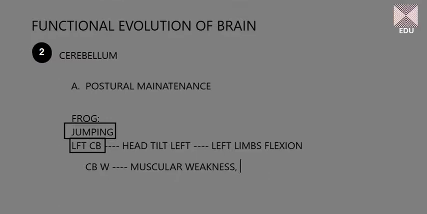And one more important thing is that the frog was unable to catch flies. As we know, the frog catches the flies with the help of the tongue. The scientists took out this particular frog with the dissected cerebellum, and the frog was given some flies to eat.